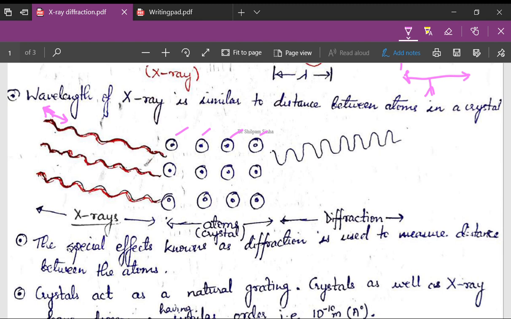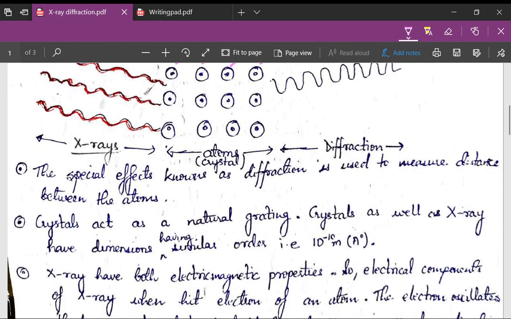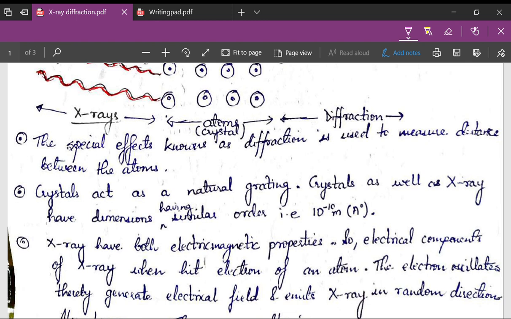And when this X-ray hits the atoms of the crystal, it diffracts, and thus we can conclude that crystal acts as a natural grating. And crystal as well as X-ray have dimension in the order of 10 to the power minus 10 meter.